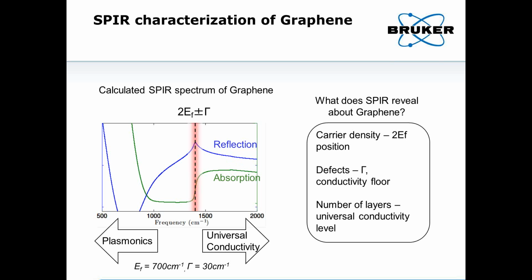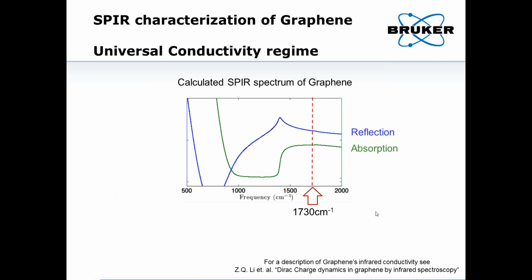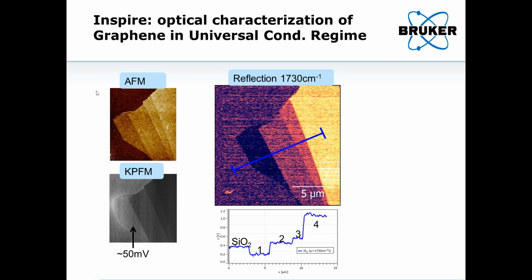As an example of SPIR imaging in the universal conductivity regime, let's take a look at some images obtained at around 1730 wave numbers on a graphene sample. Here's a graphene sample, which is very interesting because it has successive layers of graphene, which starts at a single layer here on the left, if you look at the AFM image, and then goes to 2 layers, 3 layers, and 4 layers.